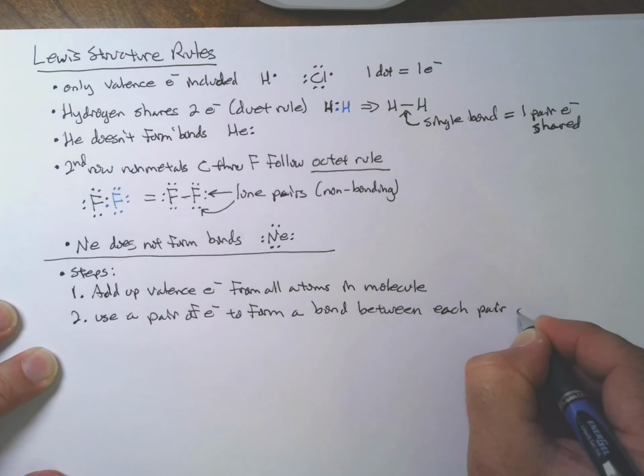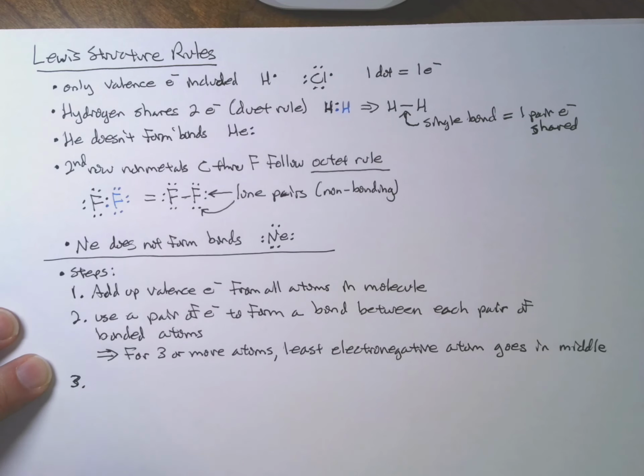Now, if you've got 3 or more atoms, usually the least electronegative atom is going to go in the middle. And then you arrange the remaining electrons to satisfy the duet and octet rules.